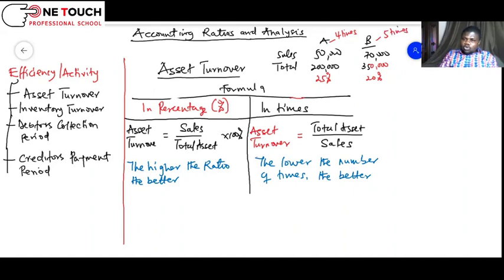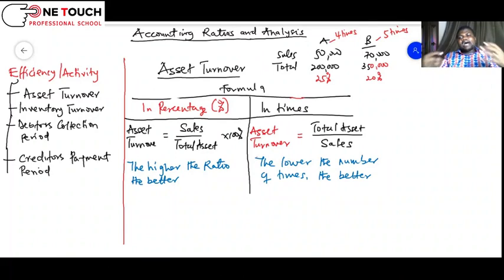We are saying that the lower the number of times, the better. So A is doing better than B. As simple as that. Simple. So that's about the efficiency ratio. We've already talked about inventory turnover, debtors collection period, creditors payment period. So one key ratio that you always see in efficiency is asset turnover. So learn how to interpret this well and then calculate it well.